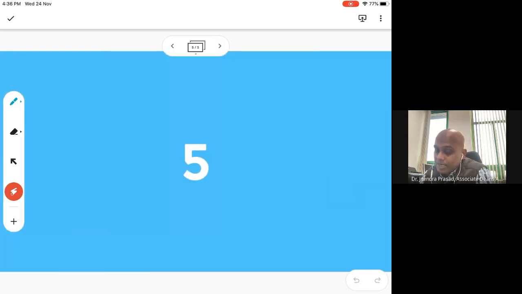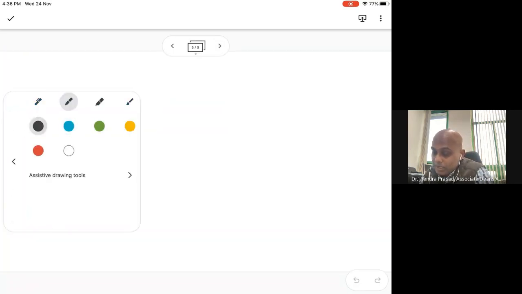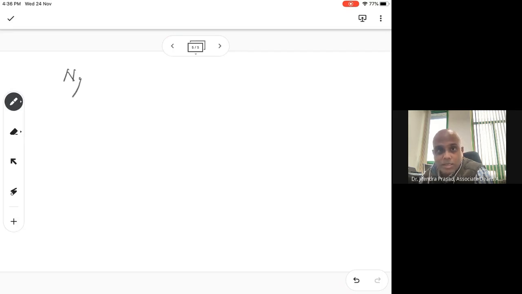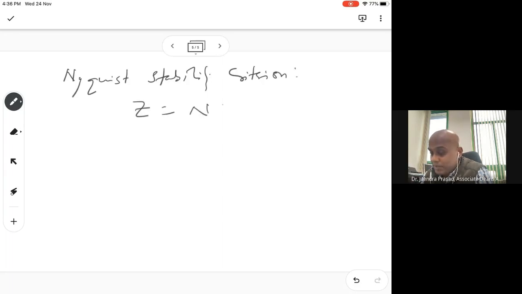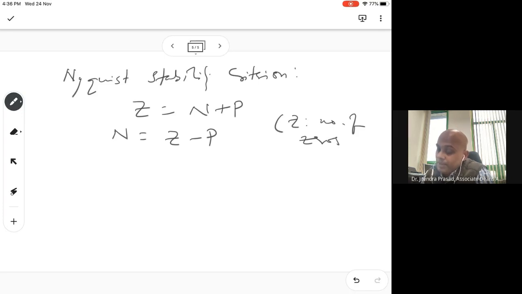The Nyquist stability criterion tells you Z equal to N plus P, or you can also write N equal to Z minus P, where Z means number of zeros and P is number of poles.